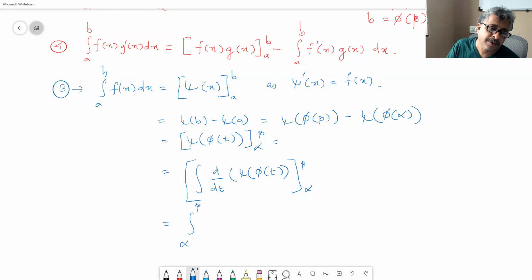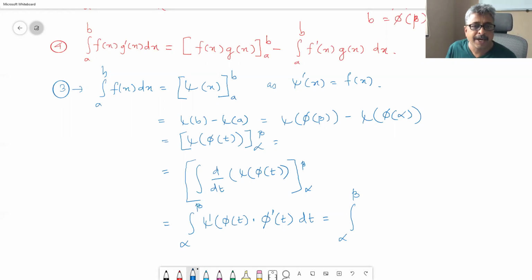Which is equal to integral alpha to beta, derivative of this is psi dash of phi of t into phi dash of t dt, which is equal to integral alpha to beta, psi dash of x is f of x, so f of phi of t into phi dash of t.